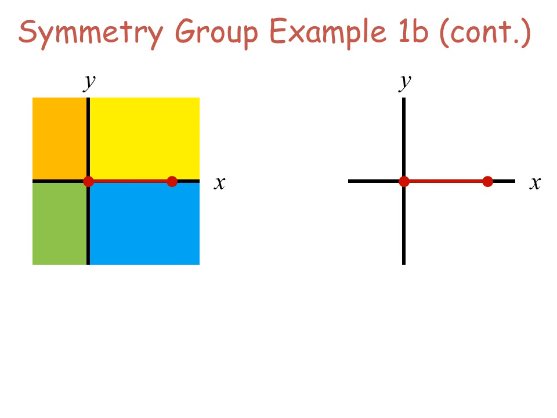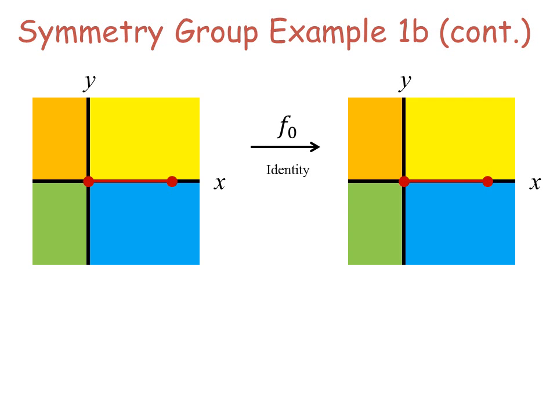Let's illustrate each of the isometries. Here we see the xy plane with the quadrants color-coded and segment I represented with a red line segment. f sub 0 is the identity and leaves everything unchanged. f sub 1 is a reflection about the line x equals 1/2, and so it flips interval I over and swaps its endpoints.